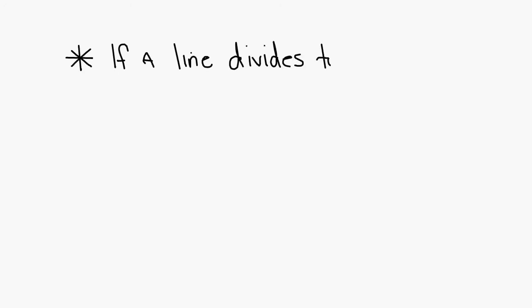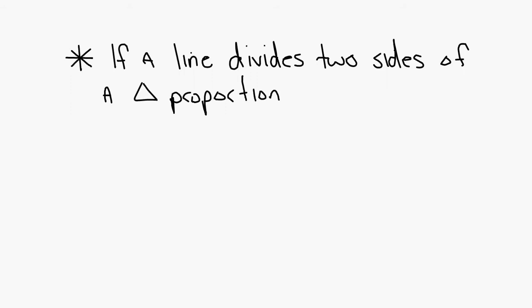The converse to that theorem, which is in the middle of page 496, says if a line divides two sides of a triangle proportionally, then it is parallel to the third side.